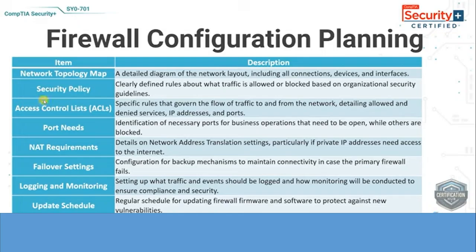NAT requirement: we need to have an idea about the network address translation settings, particularly if private IP addresses need access to the internet. Also, we need an idea about the failover setting, the configuration for a backup mechanism to maintain connectivity in case the primary firewall fails.